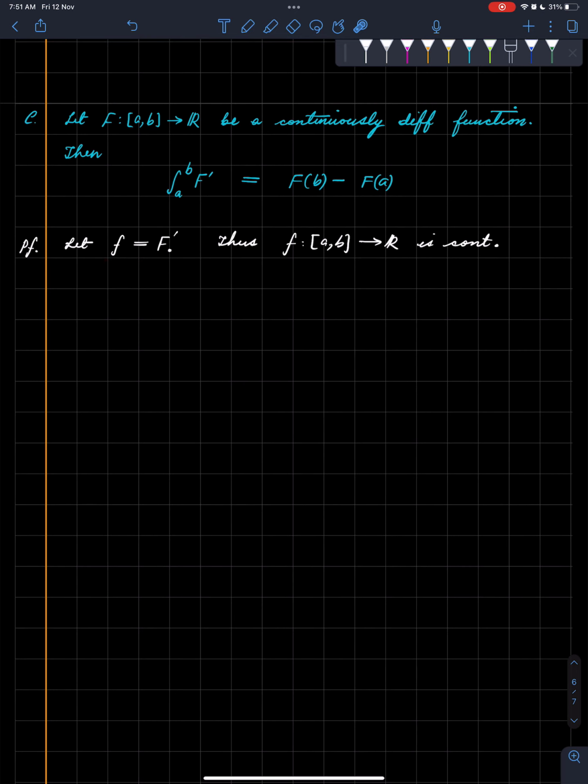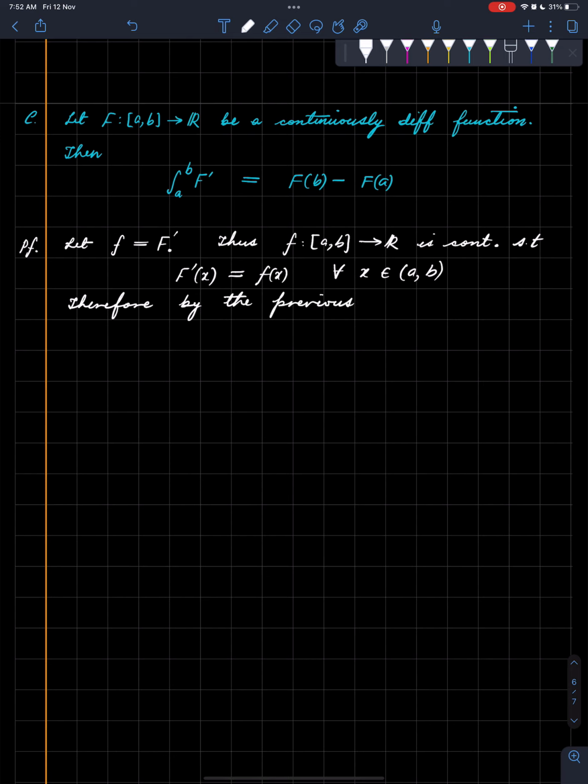But I only care about the interior for my application. So thus f is a continuous function such that F prime of x is f of x for all x in (a, b). Okay, and capital F is of course continuous by hypothesis. So therefore, by the previous lemma or theorem, we have F of x must be of this form.